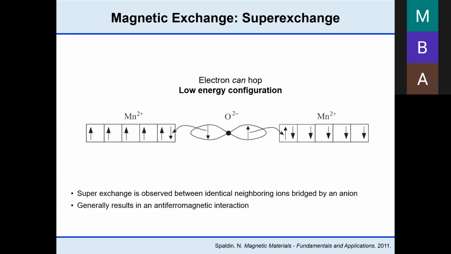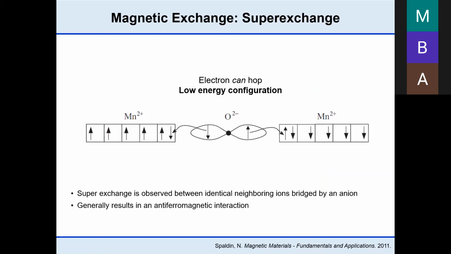So with that, let's get into the different mechanisms for exchange that we saw in class. The first, and probably the most frequently encountered, exchange mechanism is that of superexchange, where we have two neighboring metal ions or spins bridged by a diamagnetic atom or anion.